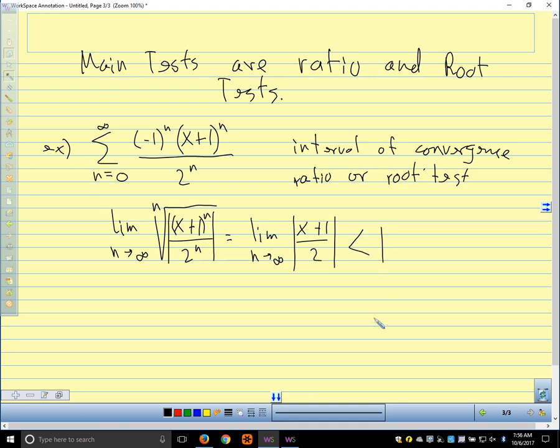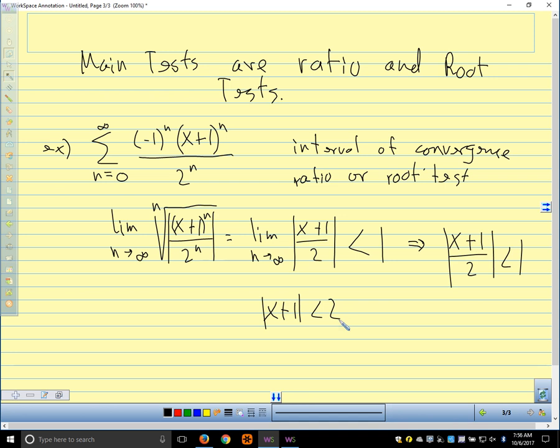Well, this quantity doesn't depend on n. So we're looking at what values of x for which we have the absolute value of x plus 1 over 2 less than 1. That tells us that the absolute value of x plus 1 is less than 2.